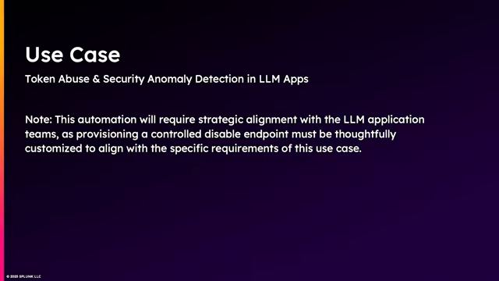This can be very helpful, because before a human or the LLM application takes action on the user, we can limit the user's token usage by running a playbook automating this flow. Remember, as a note, this automation will require strategic alignment with the LLM application teams, as provisioning a control-enabled endpoint must be thoughtful and customized to align with the specific requirements of this use case.